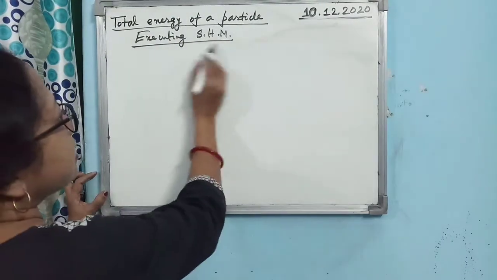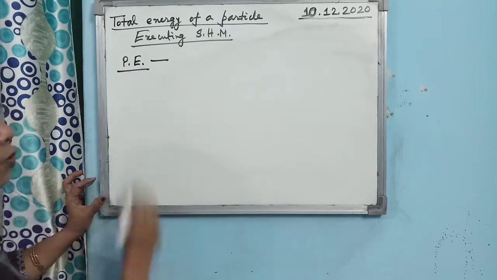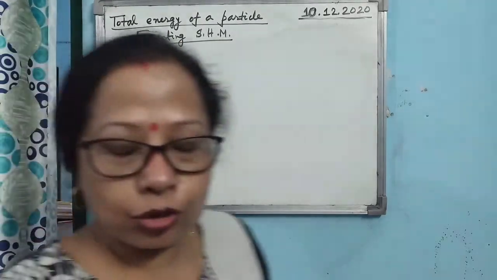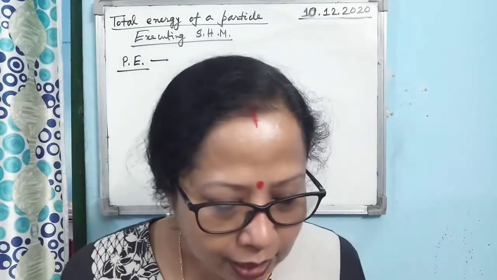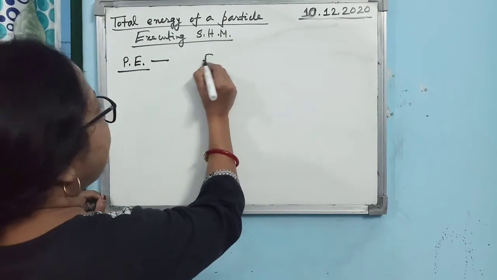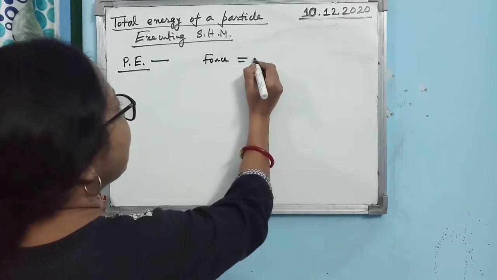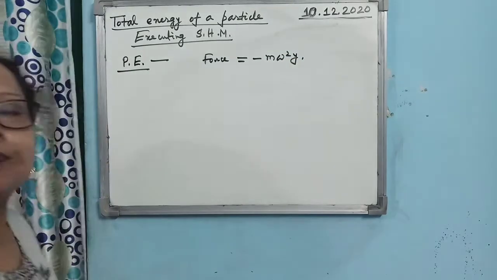So when a particle executes SHM, it possesses potential energy as well as kinetic energy. So first of all, we will find out the expression for potential energy. Now we know that whenever a particle is executing SHM, the force acting on the particle is given by minus m omega square y, isn't it?